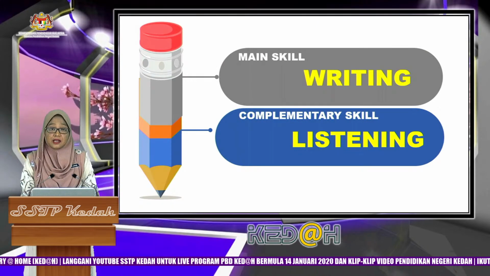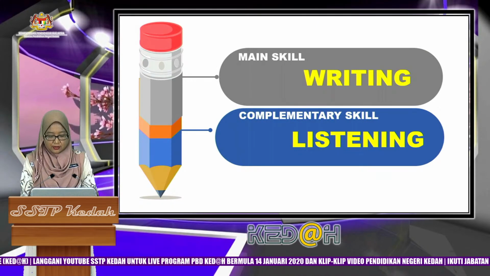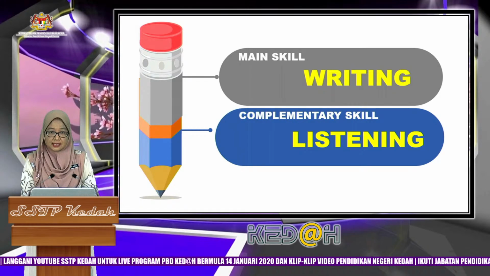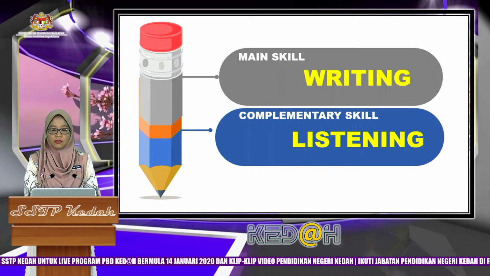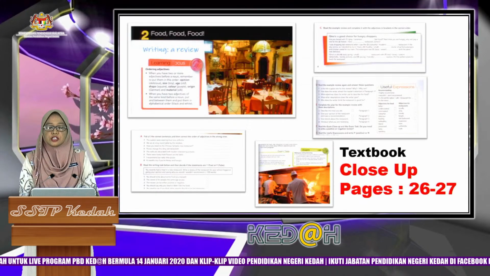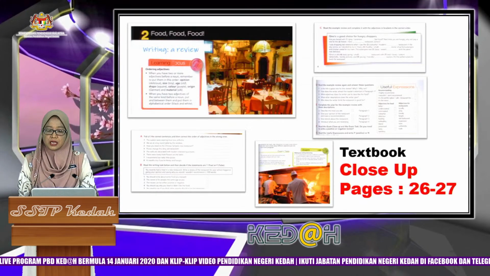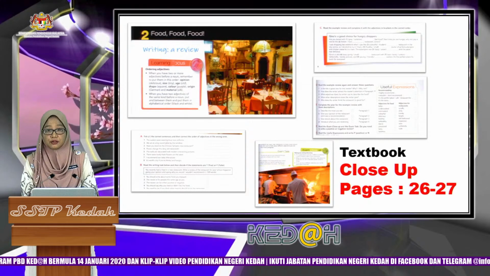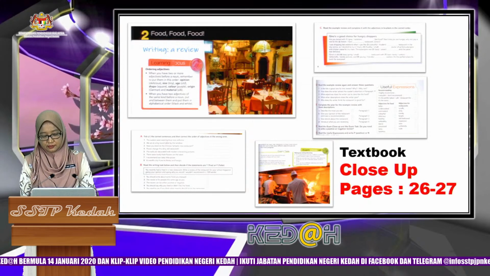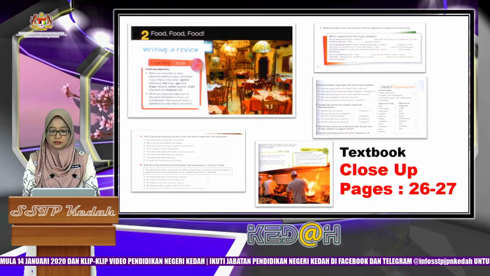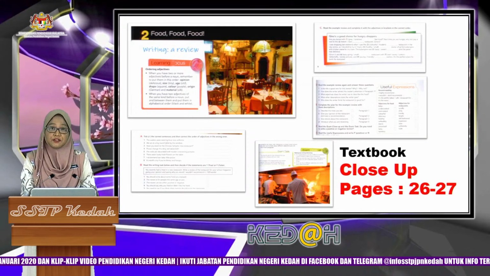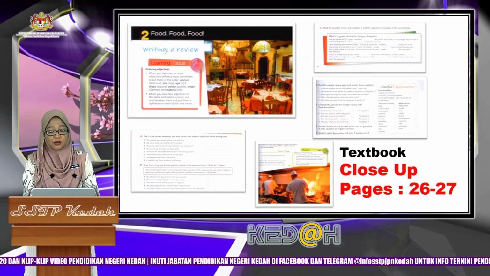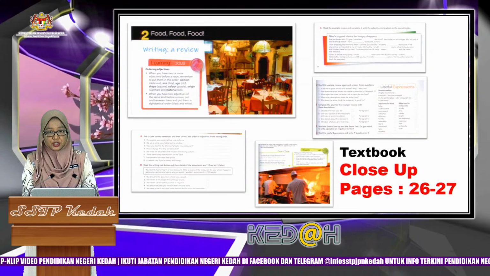The main skill which I am focusing on in this lesson is writing, and the complementary skill is listening. So here is the page that we are going to refer to in the Close-up textbook. If you have your textbook with you now, you may refer to pages 26 and 27.